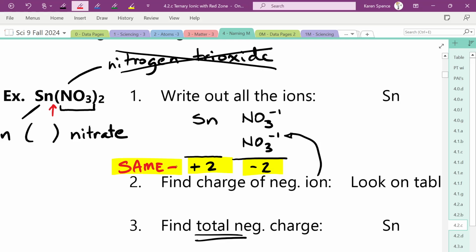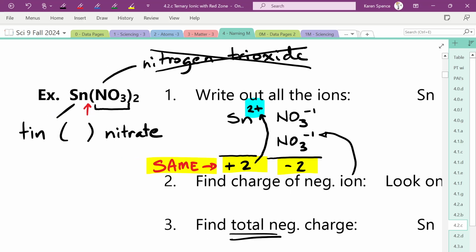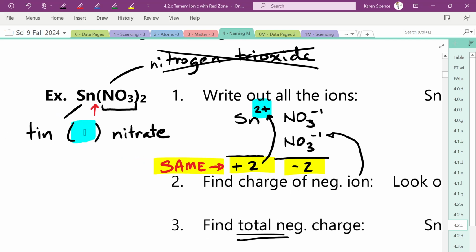And there's only one metal ion, so I take that 2 and I put it up here. And that tells me that my Roman numeral is that charge, and it's going to be the Roman numeral 2.